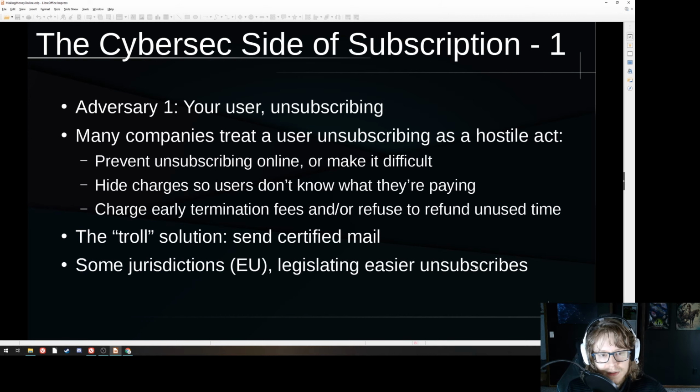Another option is to simply hide charges so users don't know what they're paying. I play a little game with anybody who's willing to let me look at their Amazon account, where I go in to Amazon's super duper top secret area where you can actually see your subscriptions, and I show them all the stuff that they're accidentally subscribed to.